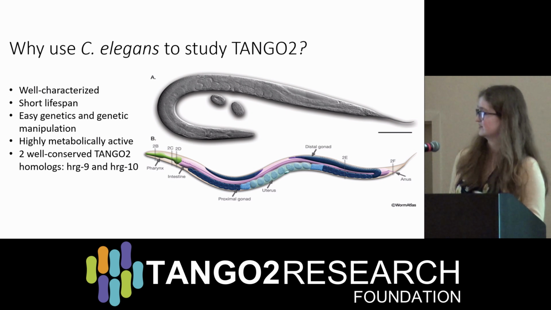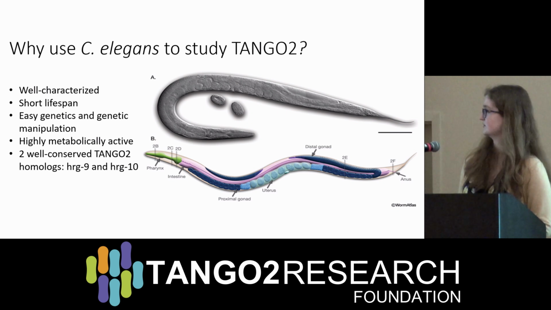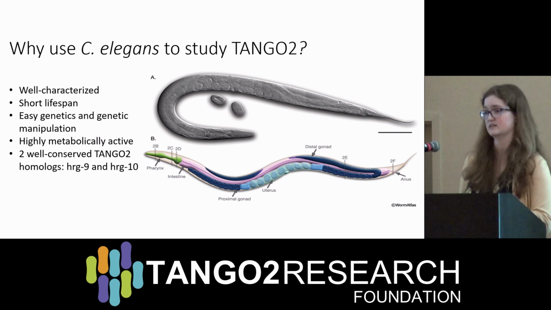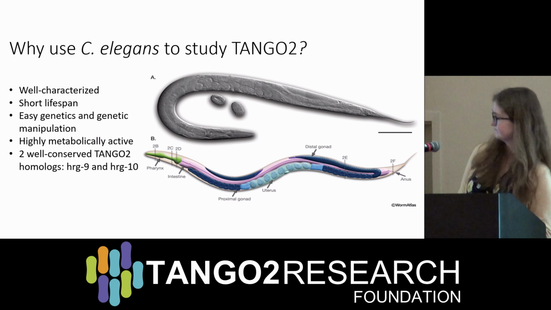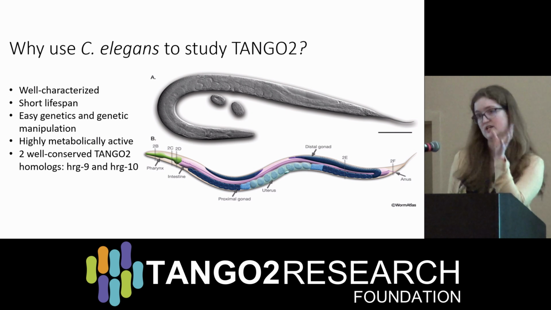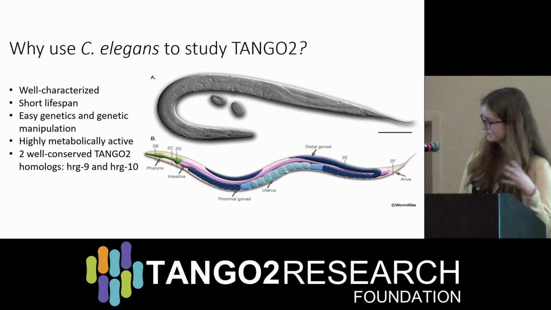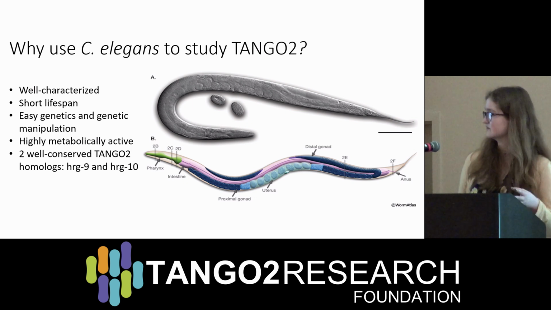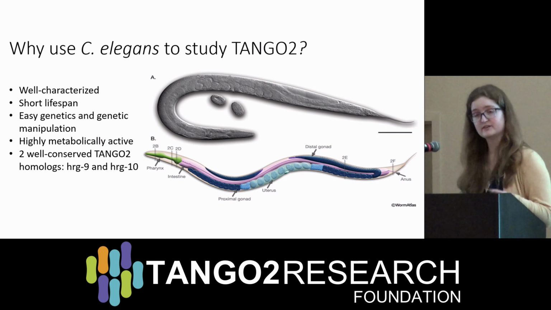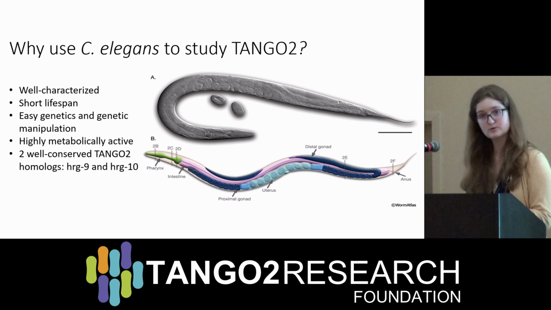Their genetics are really easy to work with. The worms primarily reproduce by self-fertilizing, so you can track genetic mutations very easily. And they have very well-conserved metabolic pathways that are very similar to those that happen in people.